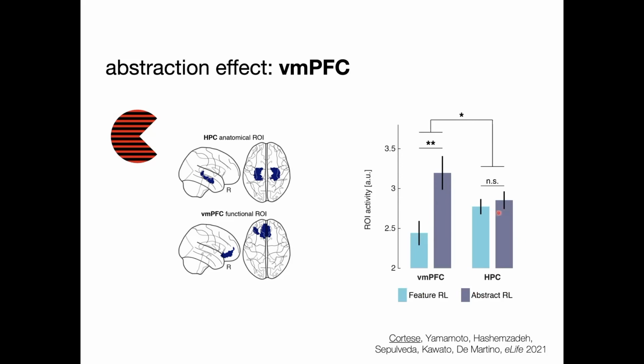The hippocampus is rather agnostic, and this in a way makes sense because in both cases there is learning involved. In both cases there is some kind of conceptual learning, but given also our hypothesis that value and abstraction should be tightly linked, it also makes sense to see this kind of result. It is what we would have expected.